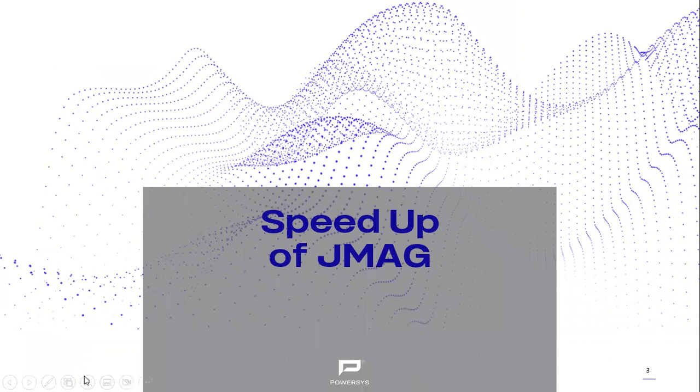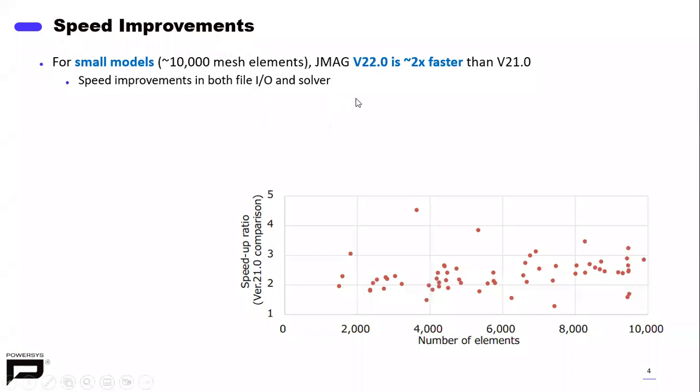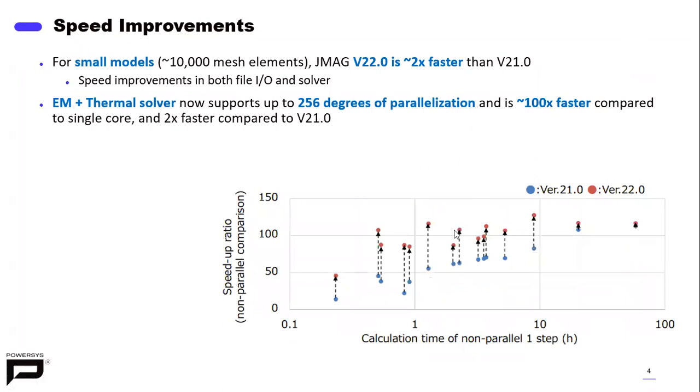The first section we will see is how fast things are carried out in JMAG, especially in version 22.0. The first thing is regarding the speed improvements. On the screen, you will see that for models having approximately 10,000 mesh elements, JMAG version 22.0 is 2 times faster than version 21.0.